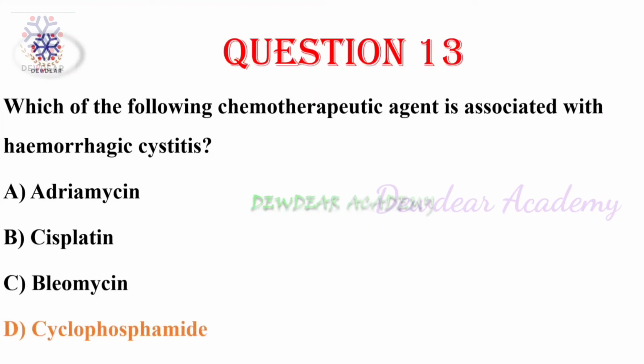Cyclophosphamide is a cytotoxic alkylating agent, and high-dose regimens are often complicated by toxicities like hemorrhagic cystitis. It occurs due to a higher concentration of the bladder toxin acrolein, a metabolite of cyclophosphamide.